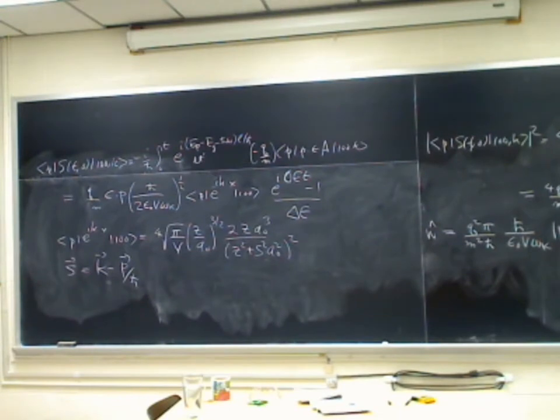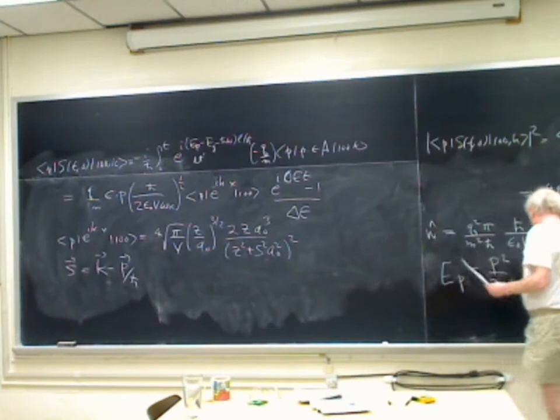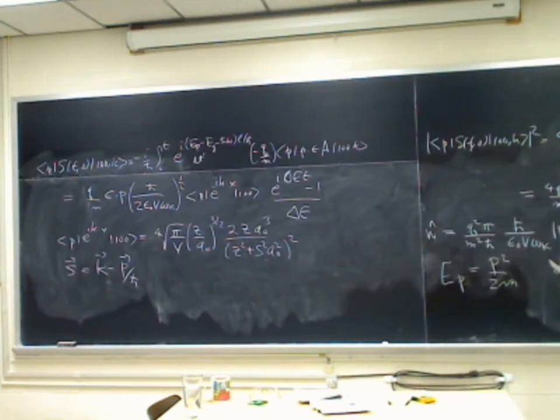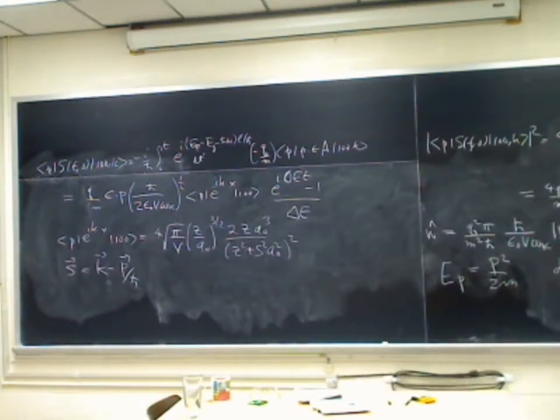So that's that expression, and of course E_p is p squared over 2m, so dE of p is p over m dp, and the sum over these final states is not simply V over (2 pi h bar) cubed d cubed p, but there's a factor of 2 here because the final electron can have 2 possible spin states.